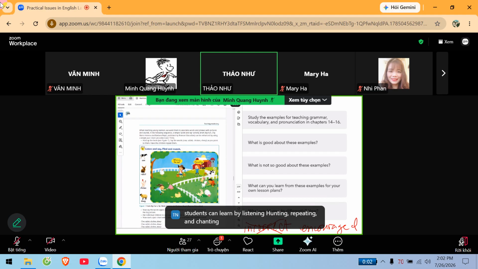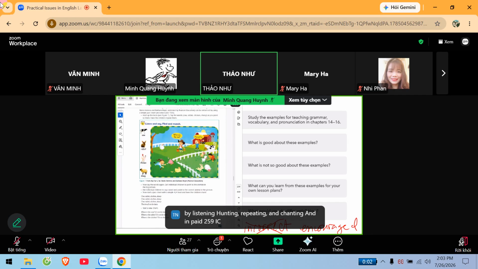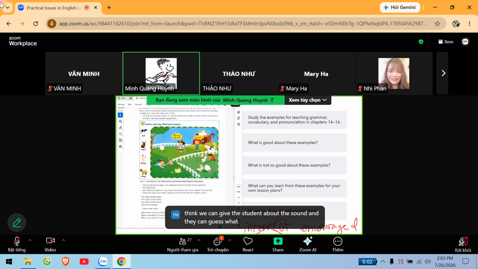And on page 259, I see we want them to associate words and phrases with the picture and sound. So I think we can give the students a sound and they can guess what animal it is.